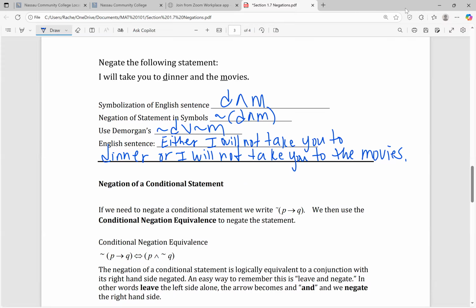So either I will not take you to dinner or I will not take you to the movies. So that would be the negation of I will take you to dinner and the movies.